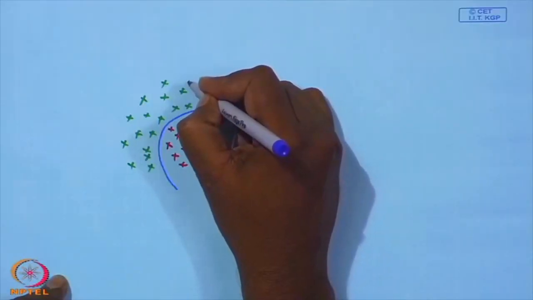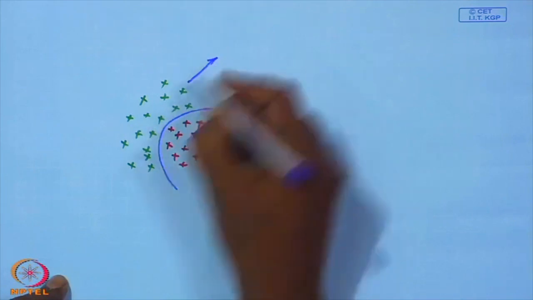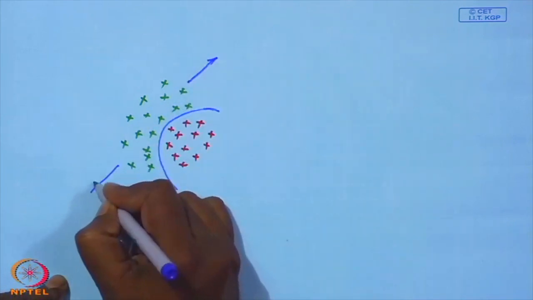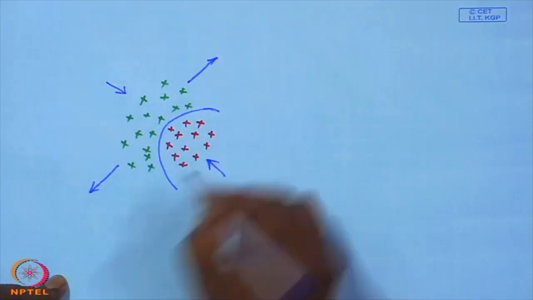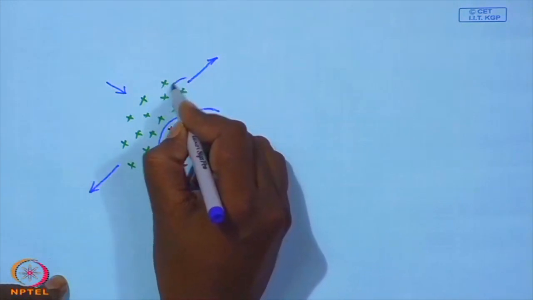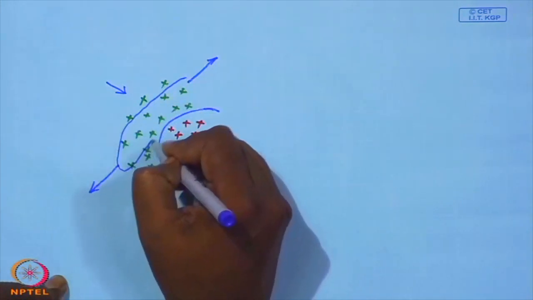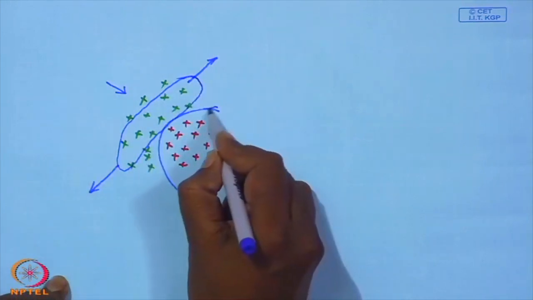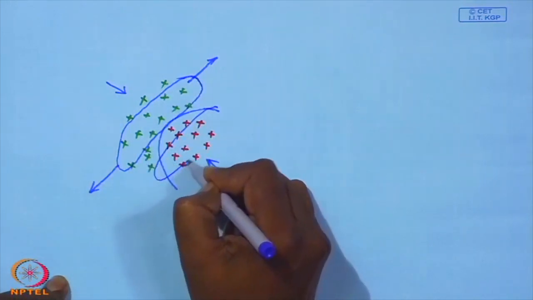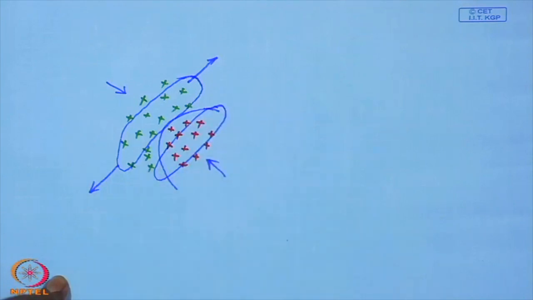Now, if I impose a nonlinear transformation, a transformation which will expand the feature vectors in this direction and contract the feature vectors in this direction, then these feature vectors will be clustered into a cluster something like this, and these feature vectors will be clustered into a cluster like this.